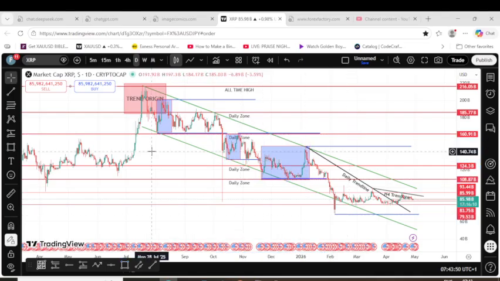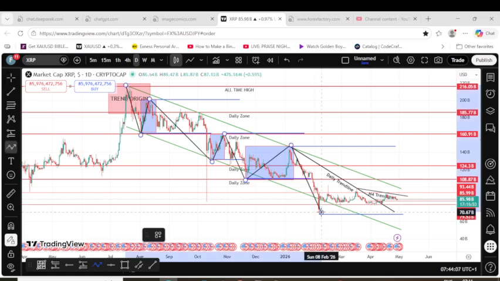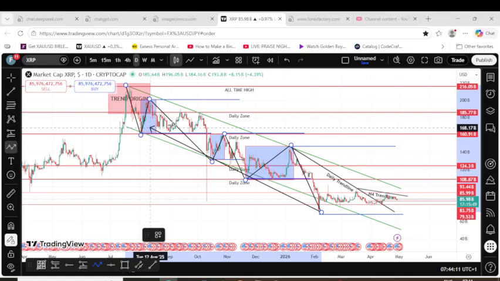What is common about these three blue boxes that I have marked out? These three blue boxes represent the correctional phase that price has been in in the past. If I were to draw this again, you will see impulsive, correctional, impulsive, correctional, impulsive, correctional, impulsive. So I am identifying my correctional phases.